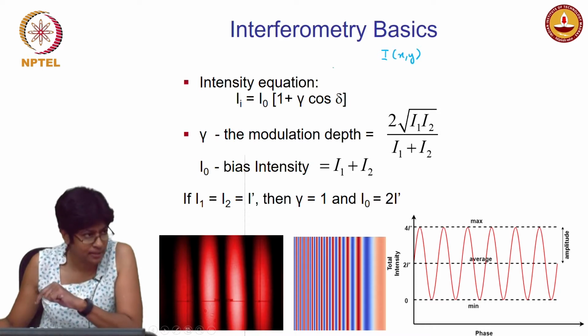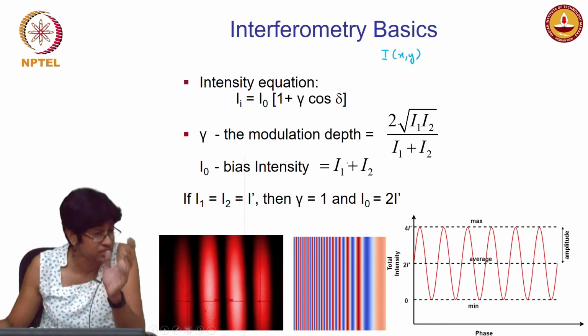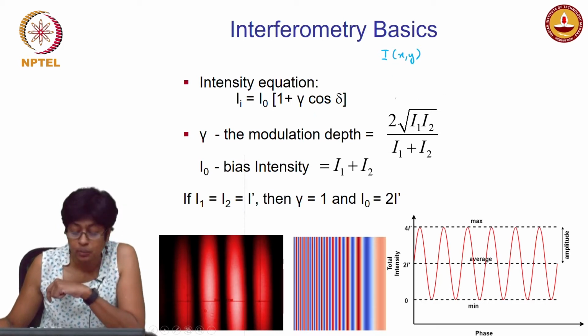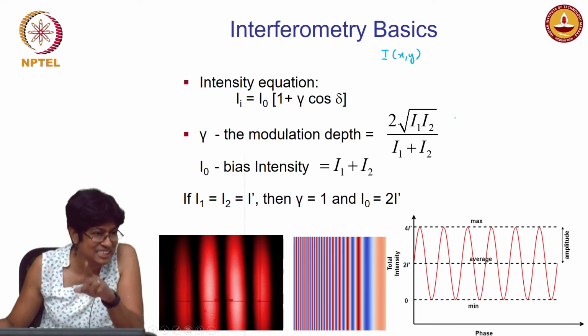Okay? All I'm able to measure is this intensity I of xy. But buried in that intensity is this I naught and this gamma, where I naught is nothing but the bias intensity, which is the sum of the intensities of the individual beams that were interfered, and gamma is something called the contrast or the visibility or the modulation depth, which is this function over here. So it's again a function of the intensities of the individual beams.